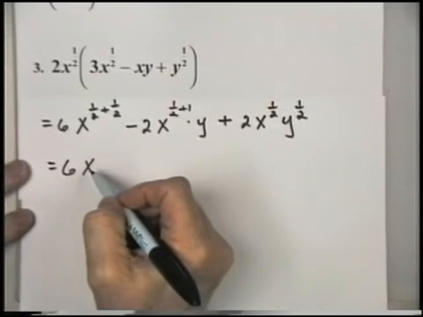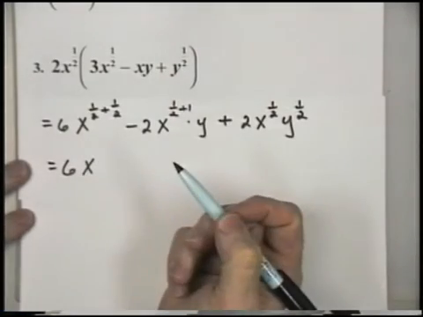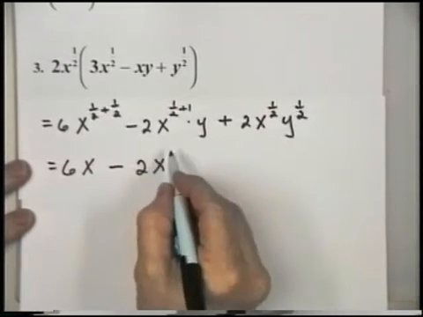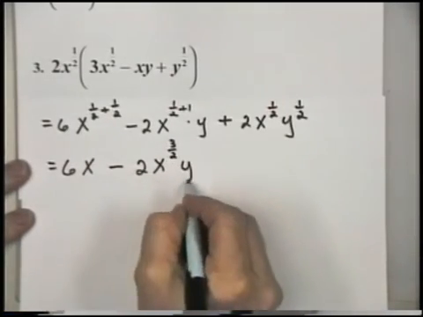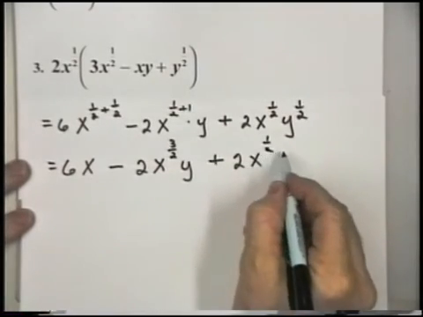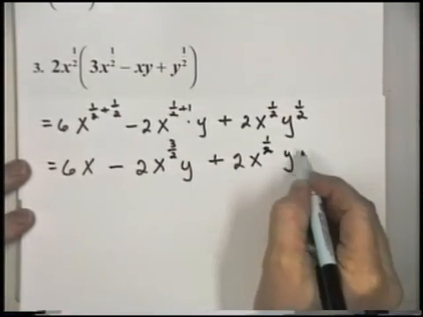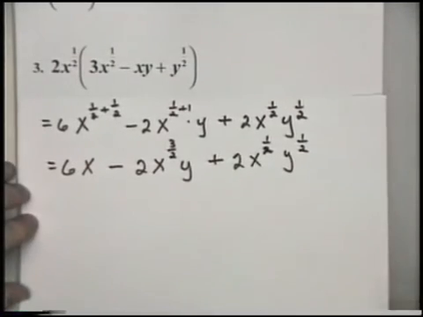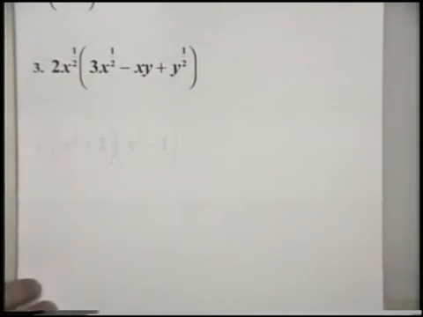And then a little simplifying, this is 6x to the 1, or just 6x, minus 2x to the 3/2 y plus 2x to the 1/2 y to the 1/2. And that's about all we can do with that.